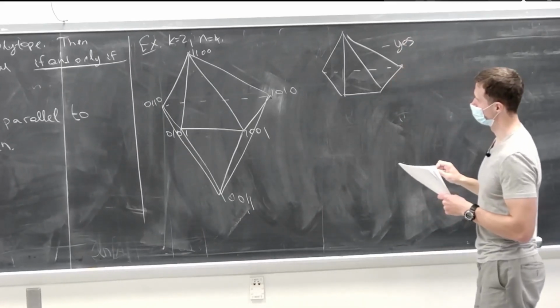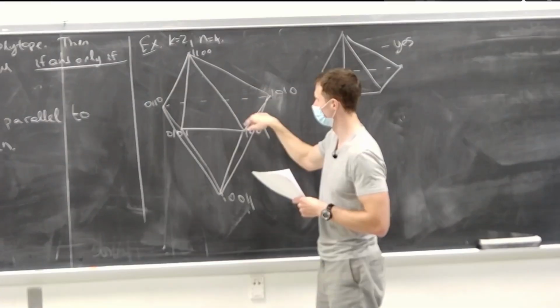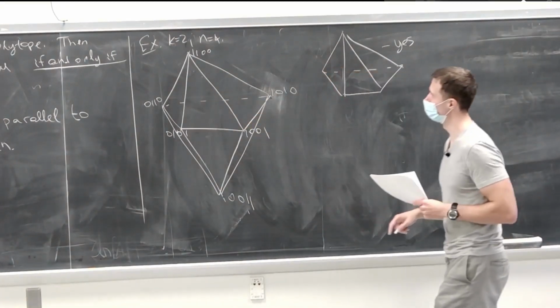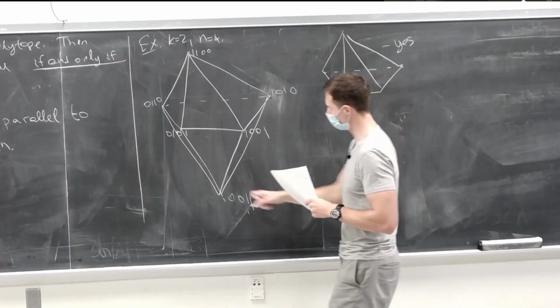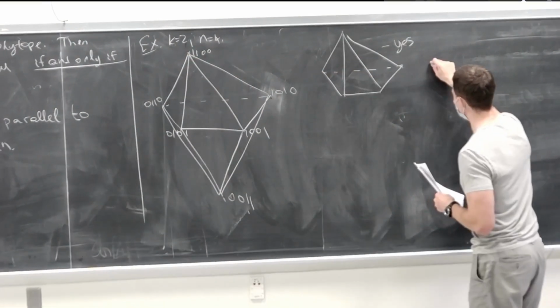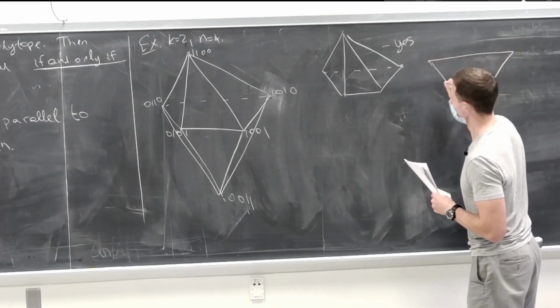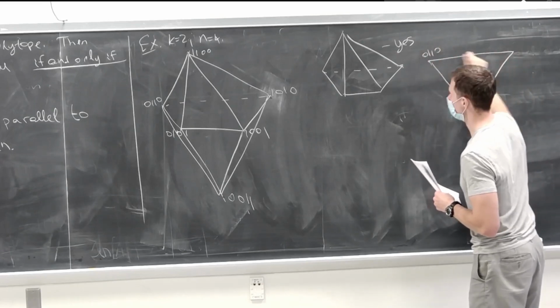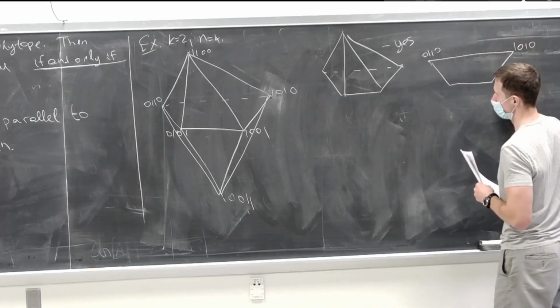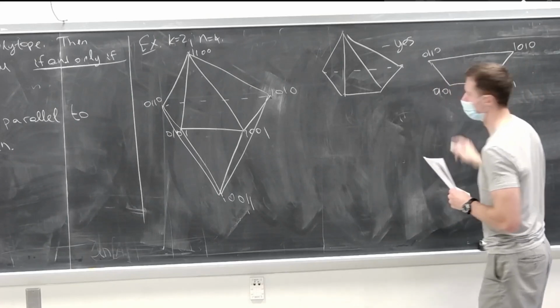All the vertices are symmetric, so I can remove either one and get a Matroid polytope. What if I remove two vertices? Let's say I remove this one and that one. I get just 0, 1, 1, 0; 1, 0, 1, 0; 1, 0, 0, 1; 0, 1, 0, 1.